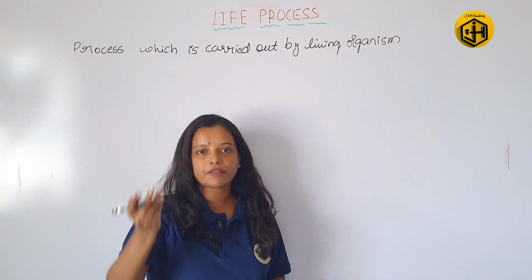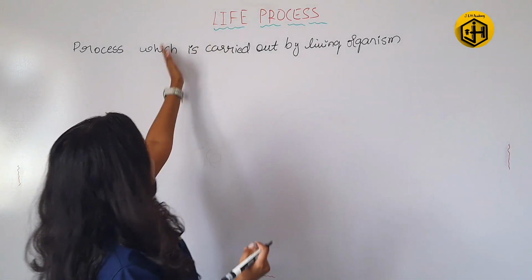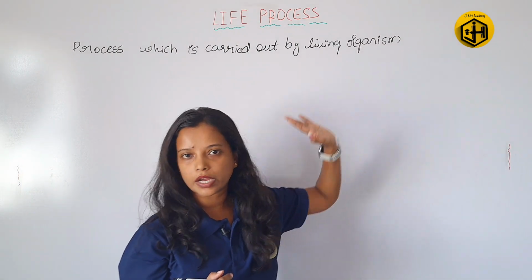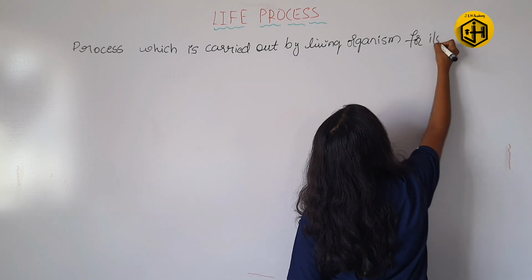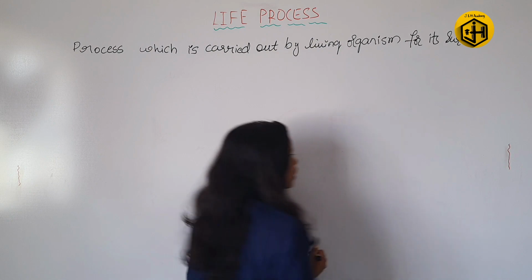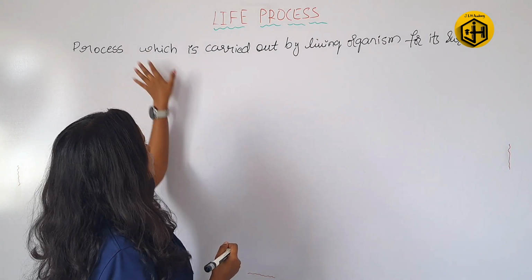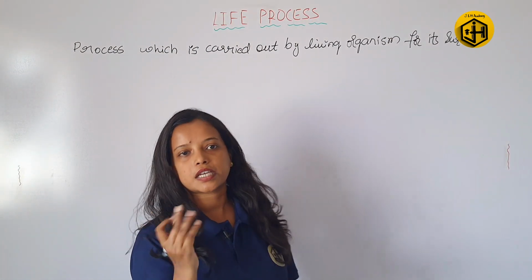In order to survive, right? So we can continue the definition: carried out by living organism for its survival. How will we define life process? Process which is carried out by living organism for its survival.